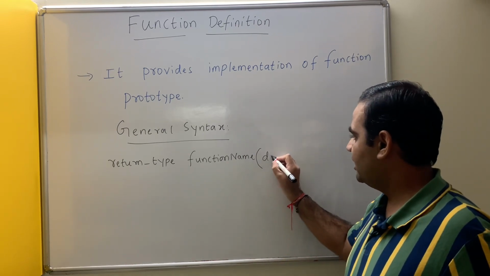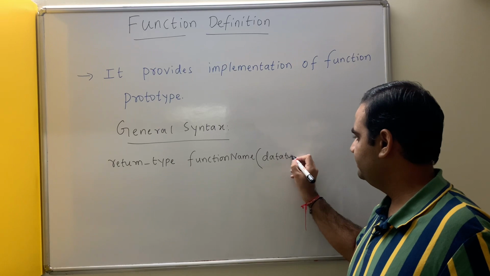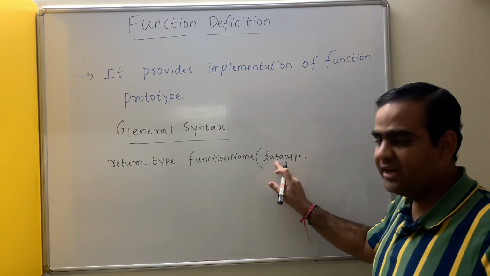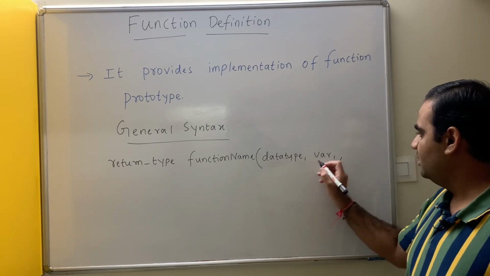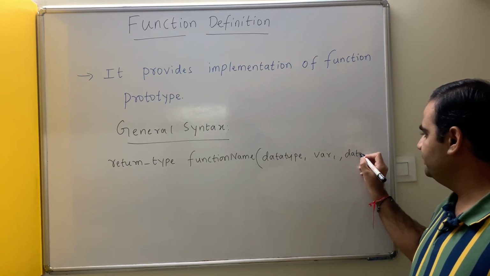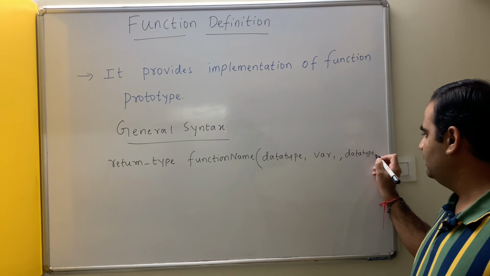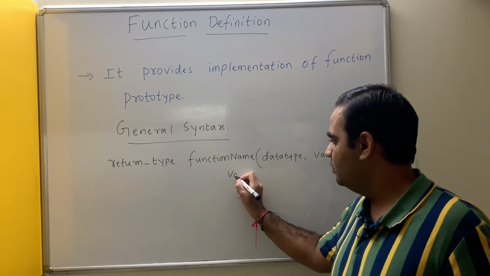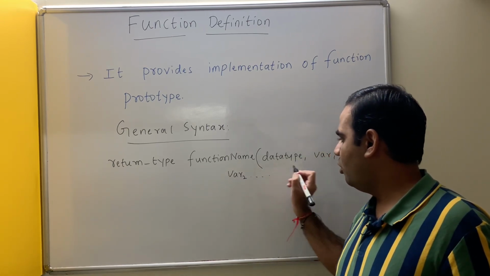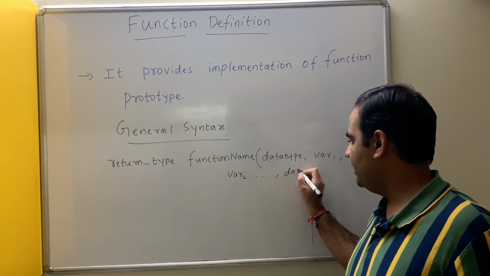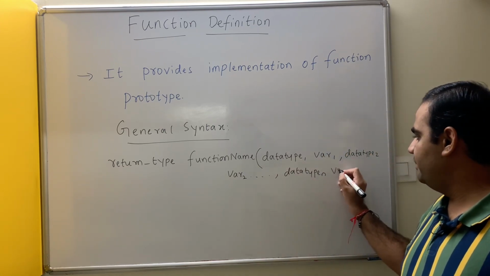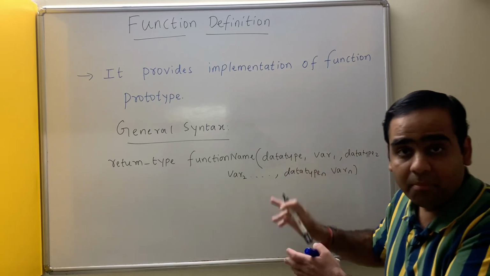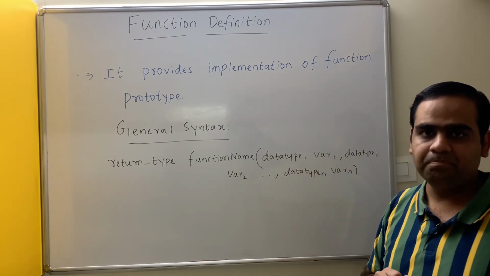Here we write data type 1, it can be any data type, followed by variable, data type 2, variable 2, and so on up to data type n, variable n. There can be n number of inputs to the function.